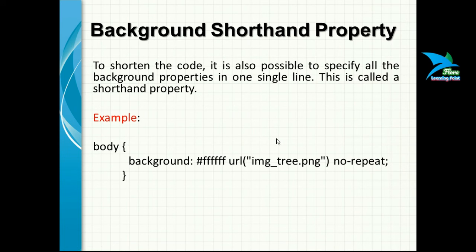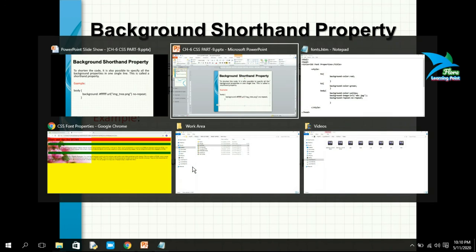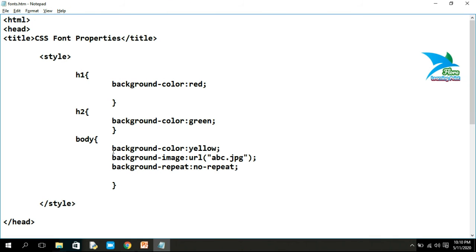Next we are having background shorthand property. To shorten the code, it is also possible to specify all the background properties in one single line. This is called a shorthand property. For example, if you want to specify all the values like a color, background image, repeat in one single line, then you can also assign all these values simultaneously using a single property, that is background.